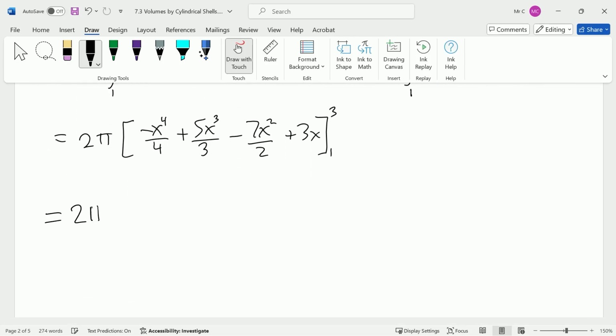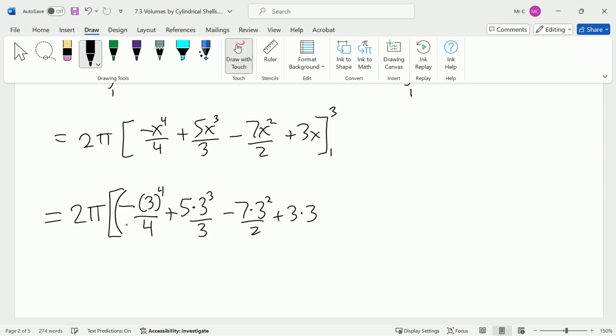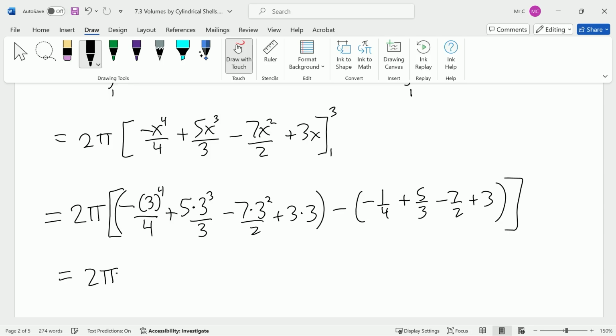Now we plug in. And then we've got to do some simplification here.